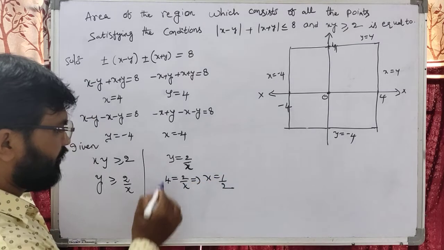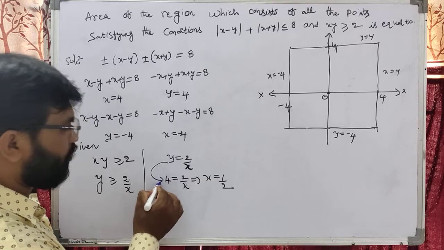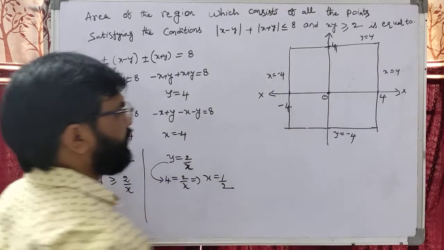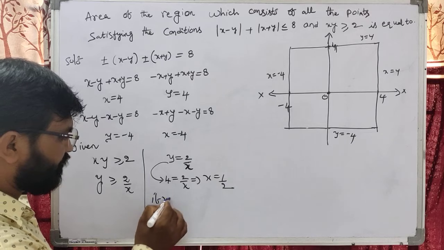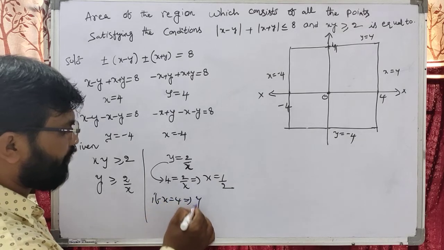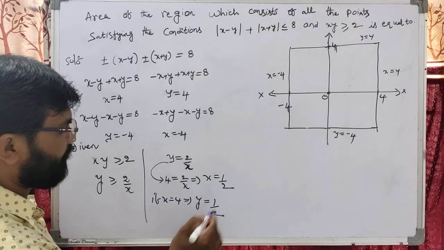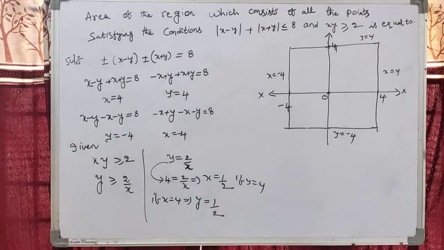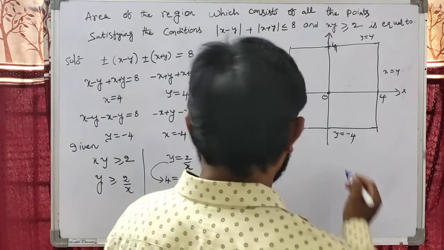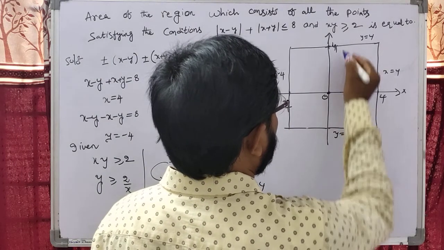Okay students, if x = 4, that implies y is also 1/2. Dear students, y = 4 and x = 1/2. This is, students, when we are taking x = 1/2 like this.